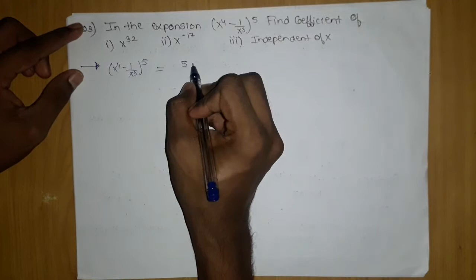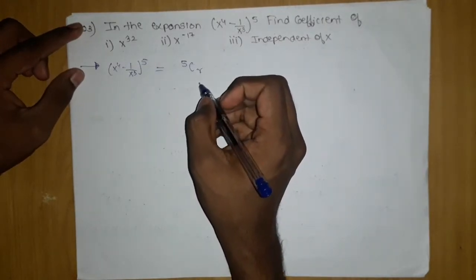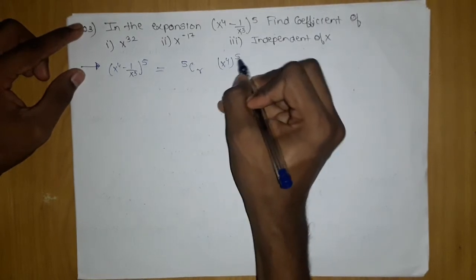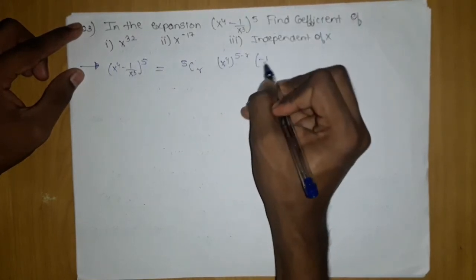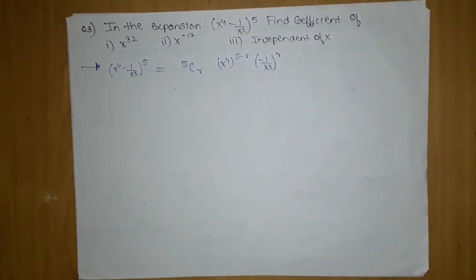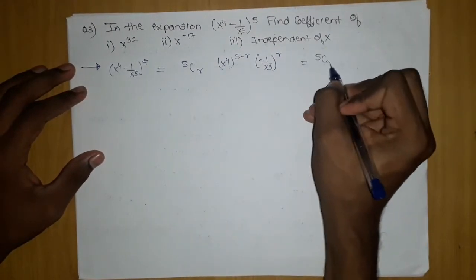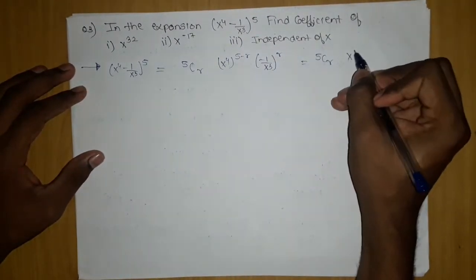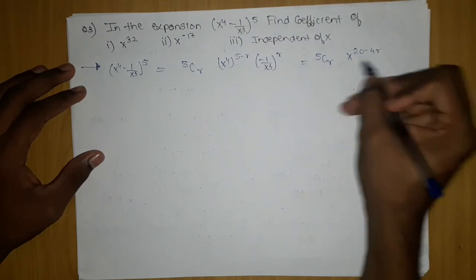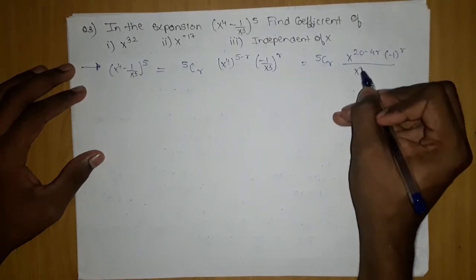5Cr, x^4 to the power 5 minus r, into minus 1 by x^3 to the power r. Now what we are going to do is write it like 5Cr x^(20 minus 4r) upon, we can separate out (minus 1)^r, and here we can write x^(3r).